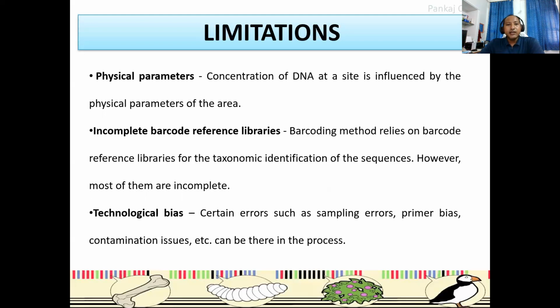Then incomplete barcode libraries, like for endemic species, the DNA barcode sequences are not reported in the databases. So it becomes difficult to identify the endemic species only based on DNA barcoding.